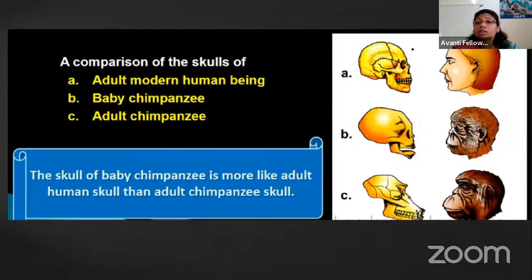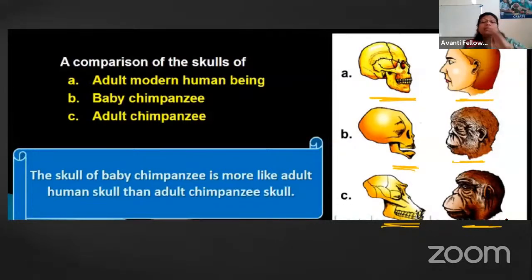Okay, now we have some questions to do. The first question for today has a comparison. First understand this, then we have a question. Here we have a comparison between skulls. This is the skull of a modern human being. This is the skull of a baby chimpanzee, and this is the skull of an adult chimpanzee.